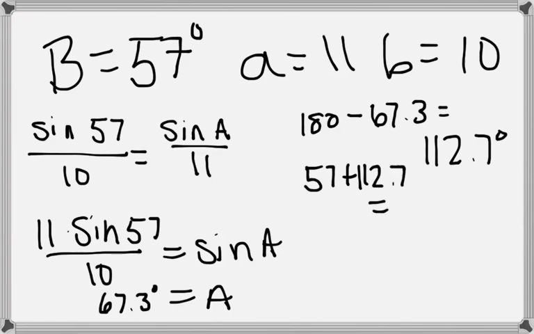If I add those together, what do you get? 169.7. The fact that that number is less than 180 says yes, there are two triangles. Adding them together is just a way of verifying whether a triangle exists or not.